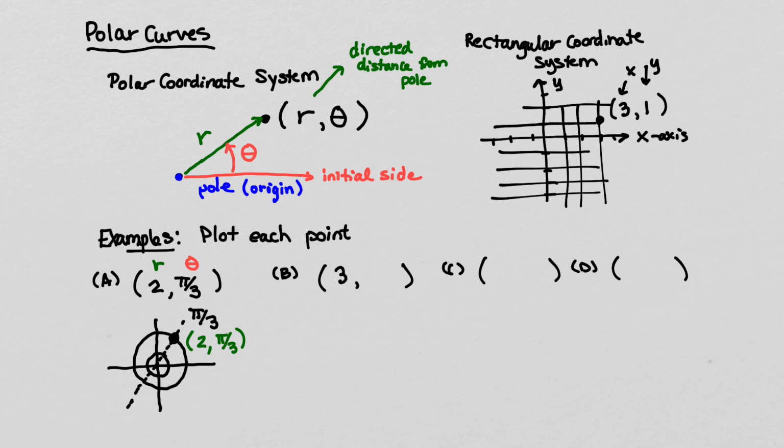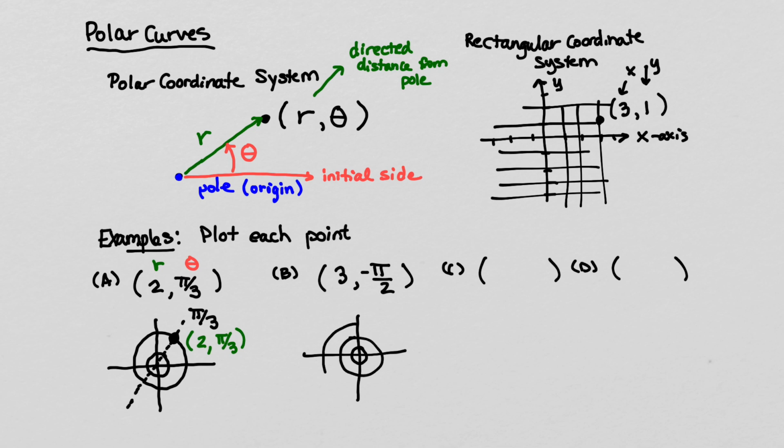So why don't you guys graph for me 3 comma negative pi over 2, and tell me where you wind up. That'd also be 3 pi over 2. Oh, I like that, James. We'll talk about that in a second. Different representations, right?